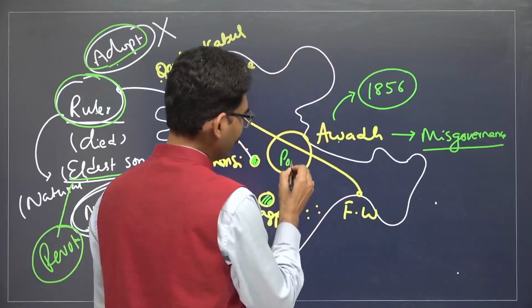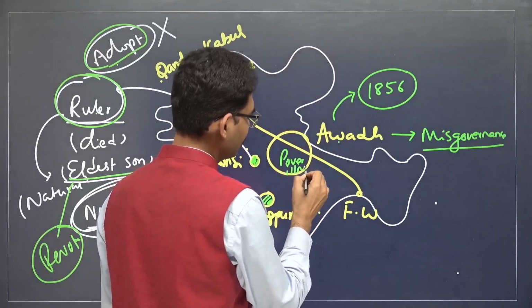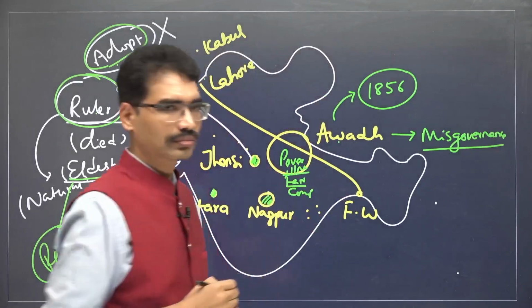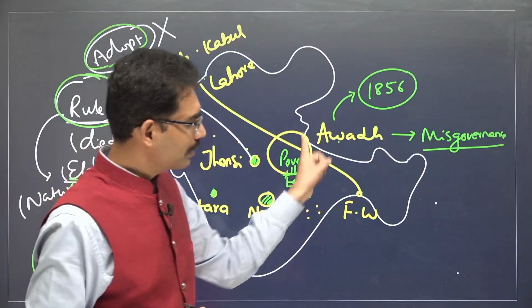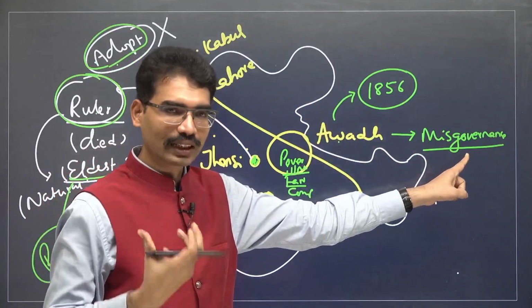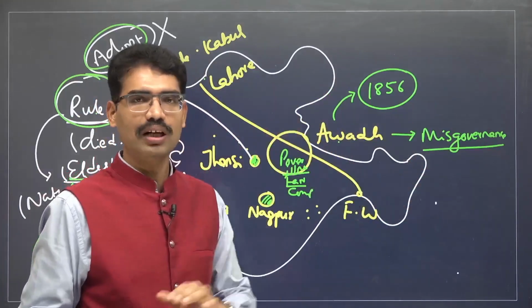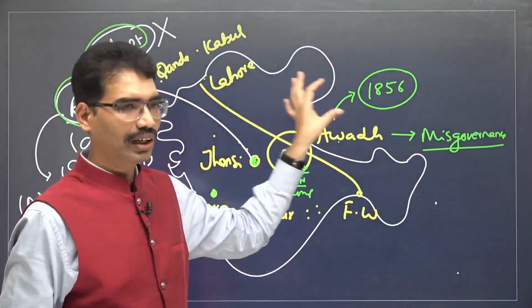Here, people were suffering from poverty, illness, famines, corruption. He used misgovernance as a reason to conquer Awadh, and in fact, Dalhousie captured Awadh also. He annihilated Awadh also.